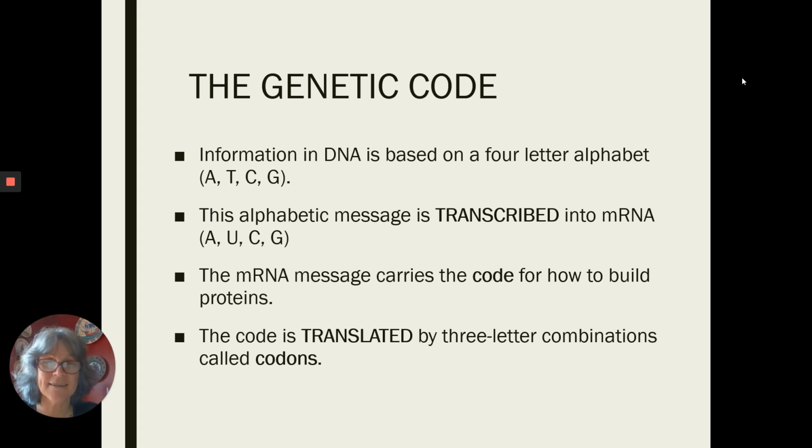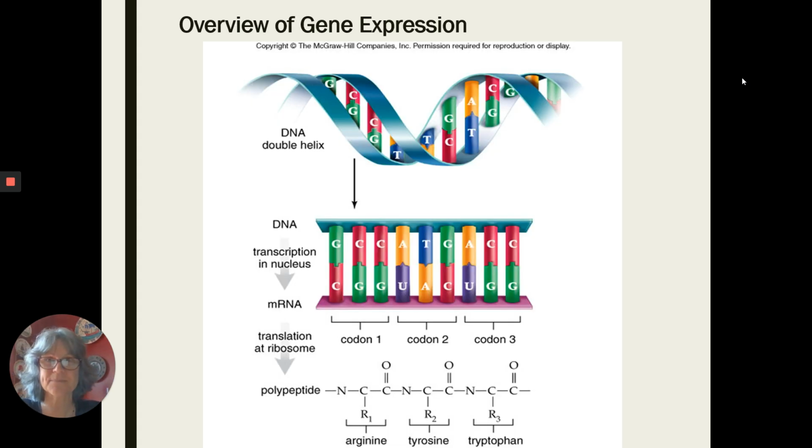Messenger RNA carries the code for how to build a protein that I can then translate using words made of 3 letters. So if we think of our 4 letters, our A, T, C, and G is the alphabet, or A, U, C, and G is our alphabet on RNA. All of my words are going to be 3-letter combinations of those 4 letters. And those 3-letter combinations, the triplets, are called codons.